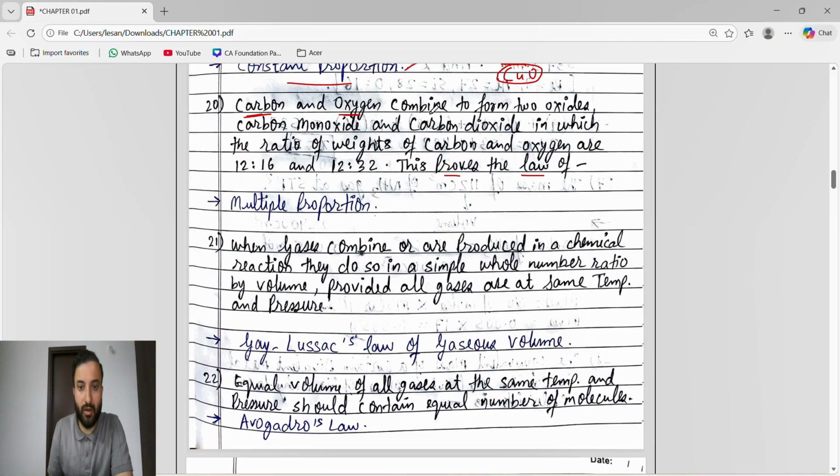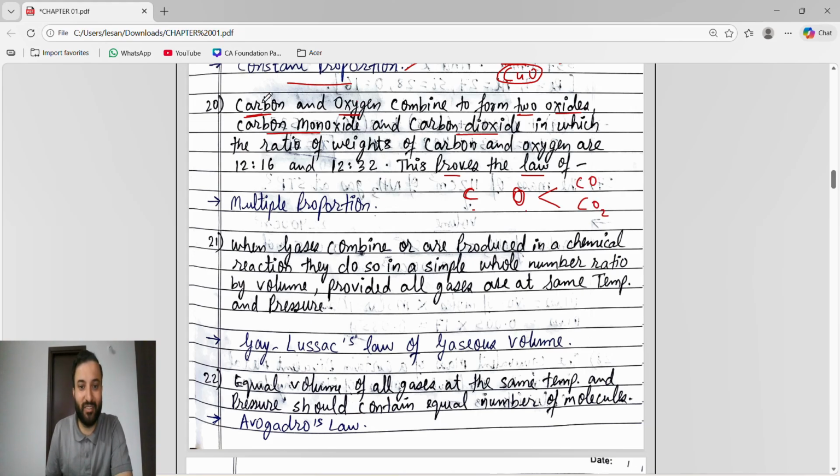Next, carbon and oxygen combined. Guys, which law? Two elements combine to form two oxides, carbon monoxide and carbon dioxide. So carbon and oxygen, two elements, combine to form two or more than two compounds.